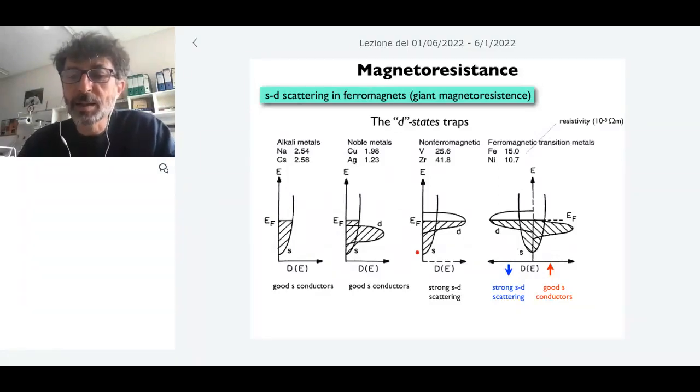The characteristic of ferromagnetic metals is that the two d bands are split in energy, because we have ferromagnetic order. And the ferromagnetic order is mainly due to the d electrons. These d electrons are not only in one of the conduction energy bands, but they are also responsible for ferromagnetism.